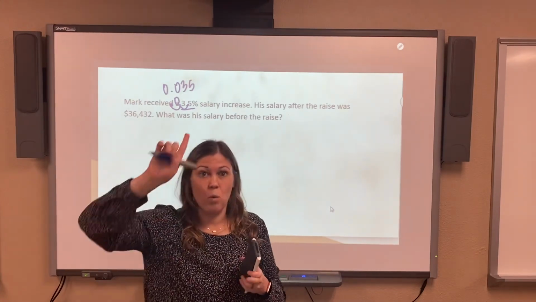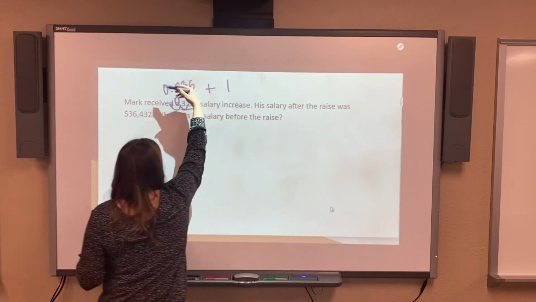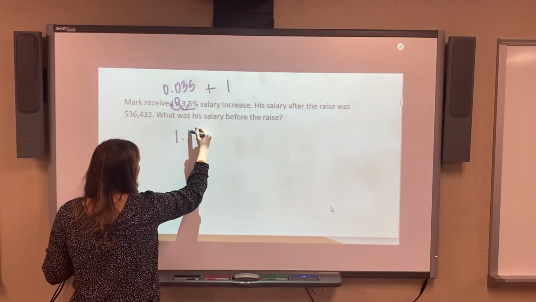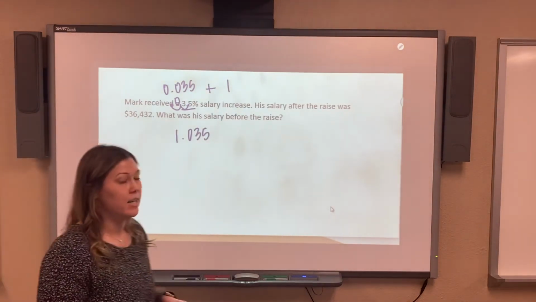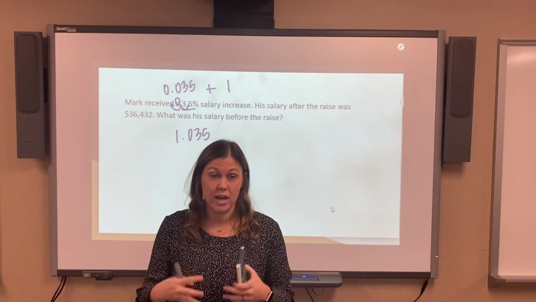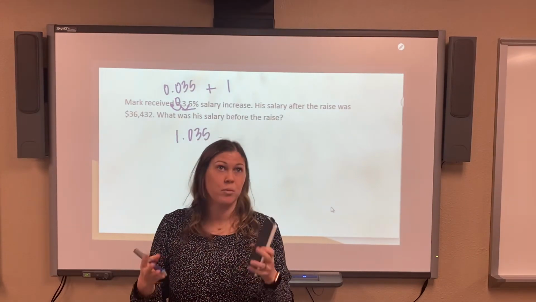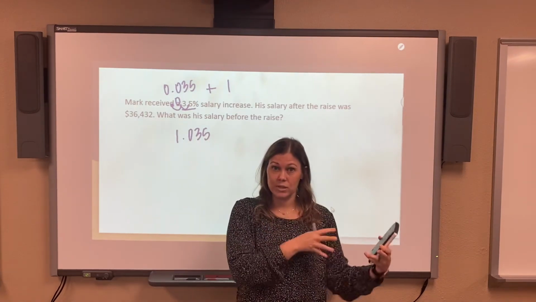If we have a salary increase, that's going to be over 100%, so we're going to add a 1. The 1 plus the increase would be 1.035. Whenever we're trying to find a percentage of something, we multiply. So we're trying to find the 3.5% raise of his starting salary. That equals his new salary.